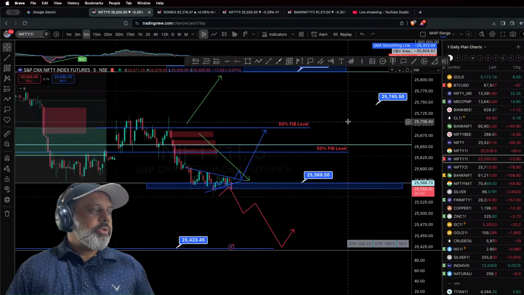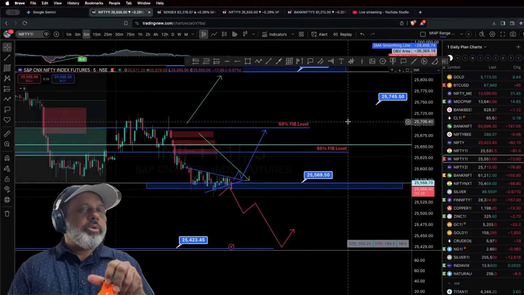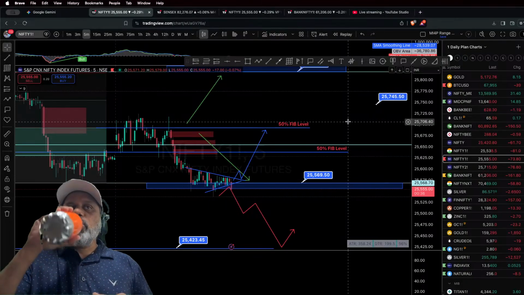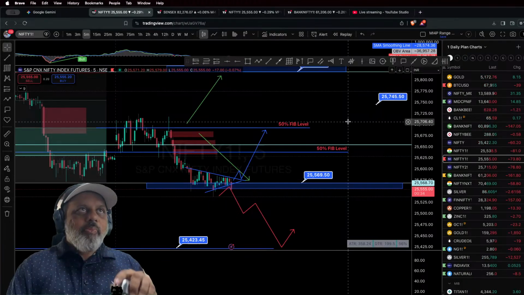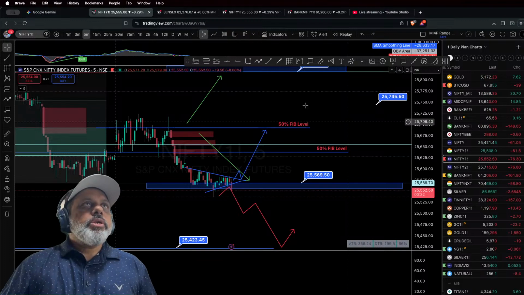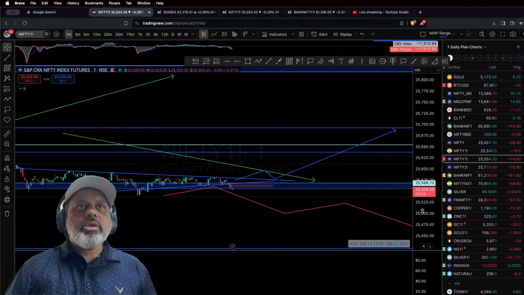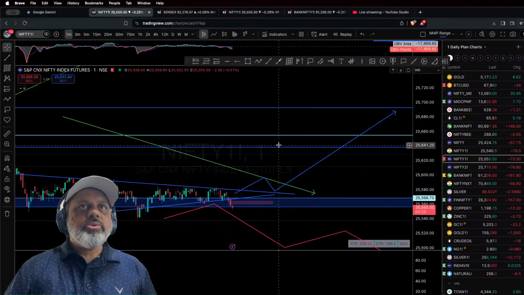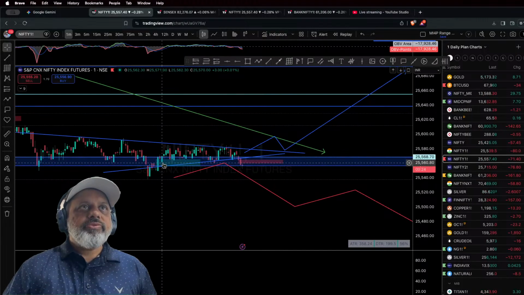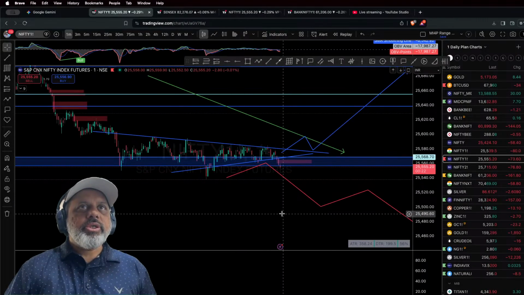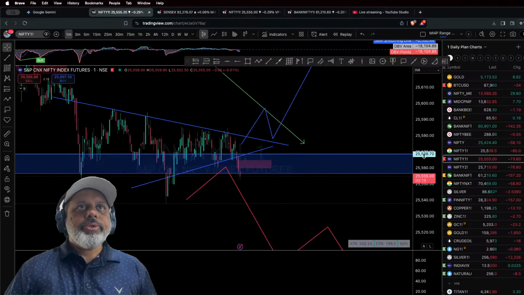All right, let's see what's happening. Let me switch to the 1 minute and see what's happening there. On the 1 minute, we see a clear move down, but we have this fair value gap here.